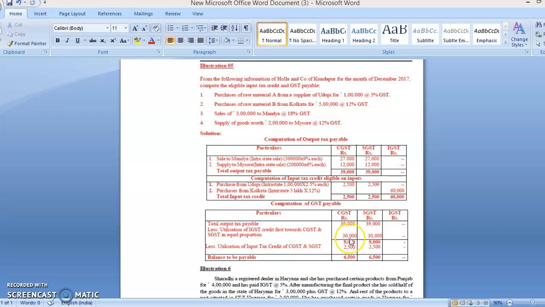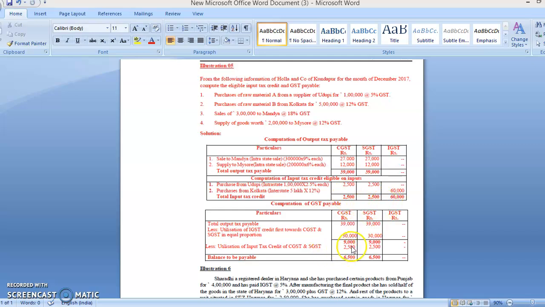After setting off both the taxes by utilizing IGST input tax credit, CGST 9,000 remains and SGST also 9,000 remains to be paid. But remember, here we have CGST also input tax credit, we have 2,500 each. Both we have 2,500.